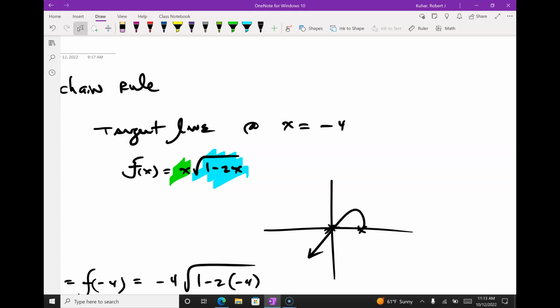Always do the chain. Remember the product rule this way.